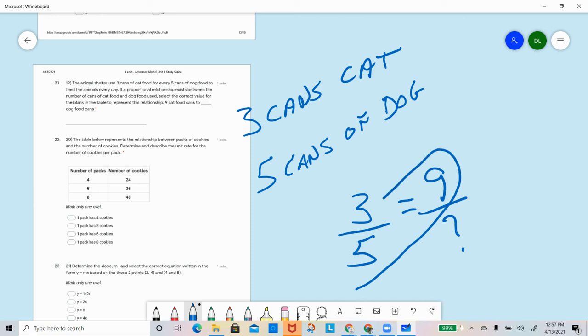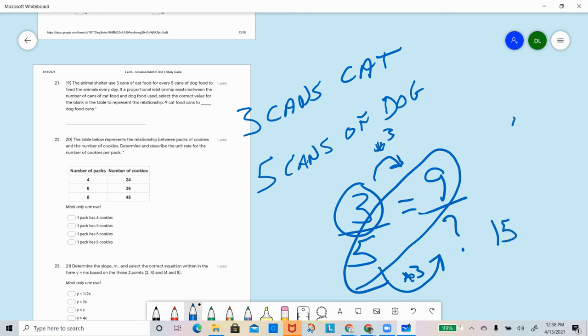This is times 3. So what's this going to be? Times 3. So what's the answer? 15. What's the answer the other way? 45 divided by 3, 15. Either way, you get 15 as your answer. So 15 is what we're looking for.